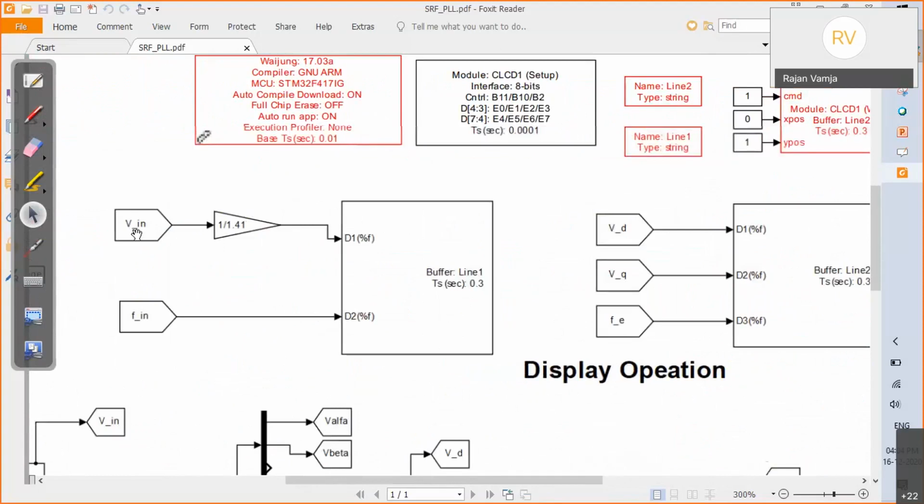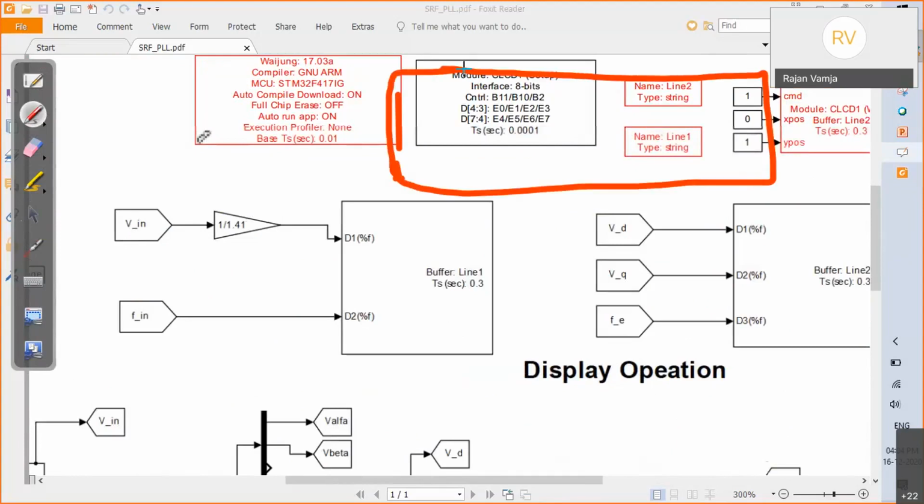So for line 1, in the video that was planned actually. So V in, the value we have taken, 1 by 1.41.